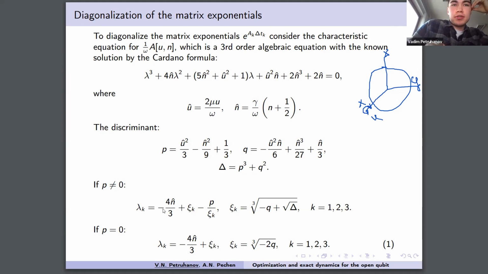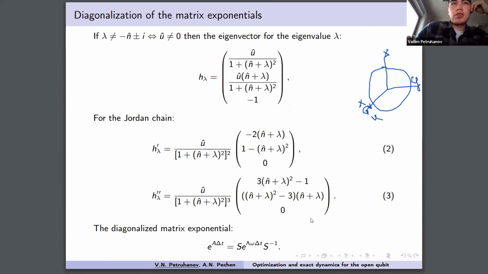And Cardano formula gives us the roots of characteristic equations. Then we can write eigenvector, and if we have double or triple root, we also need to construct a Jordan chain. So we have first and second vectors of this Jordan chain. And the matrix exponential has the known form.